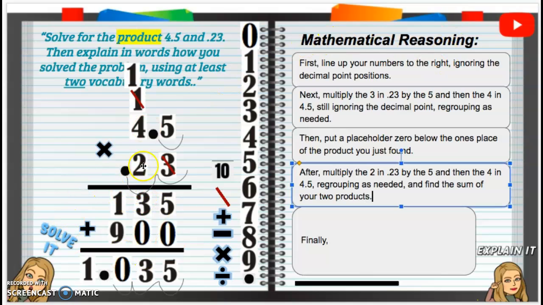So after we multiplied that through, we found the sum here. We added them together.